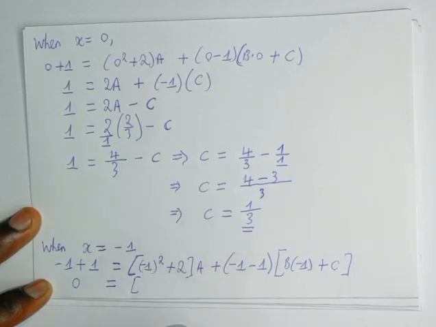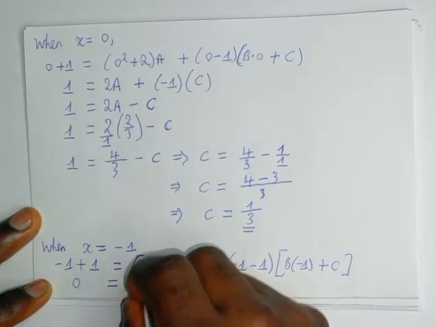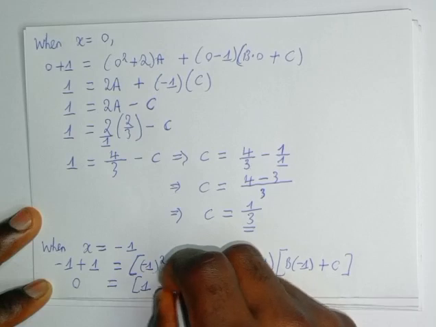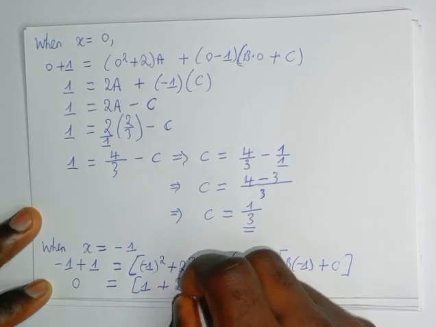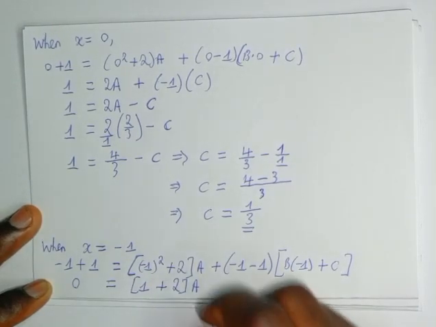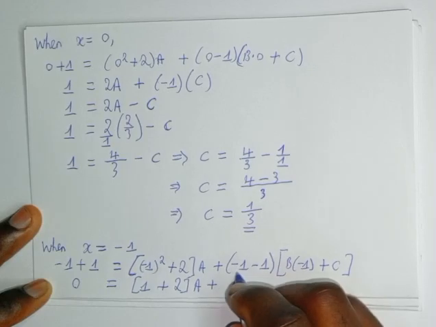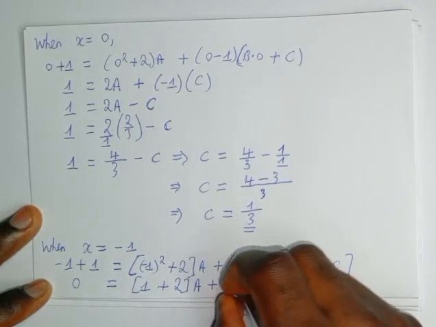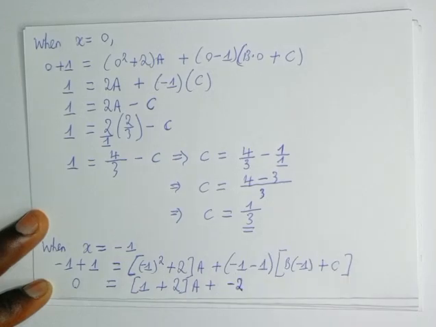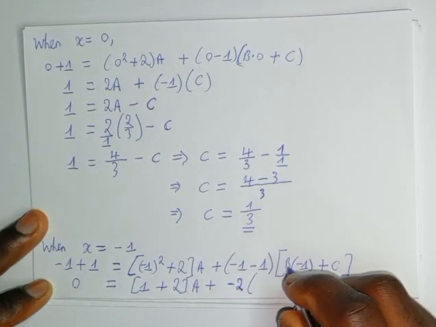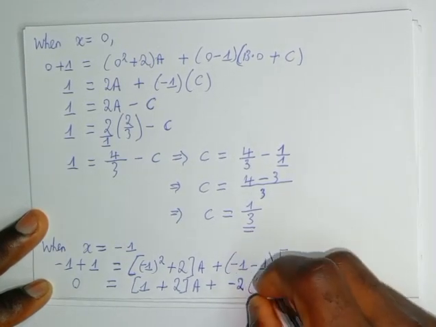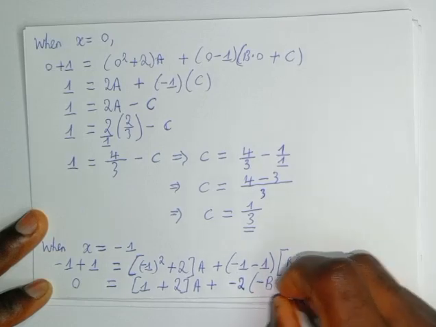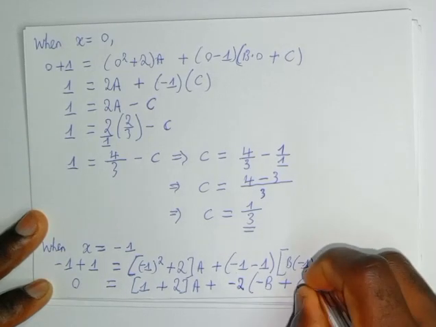0 will be equal to negative 1 squared. Negative 1 times negative 1 gives us 1, plus 2 times a, plus negative 1 minus 1 gives us negative 2 times b times negative 1 gives us negative b, plus c.